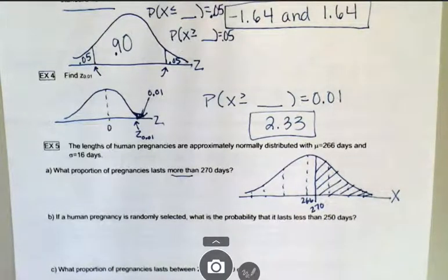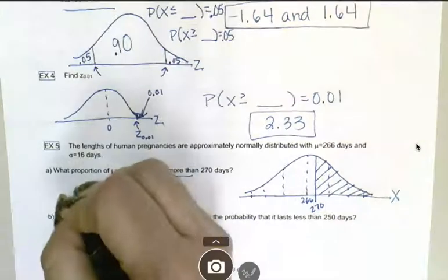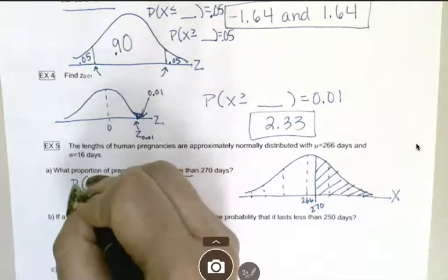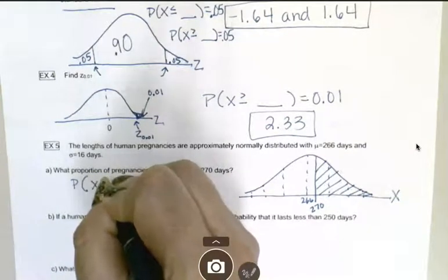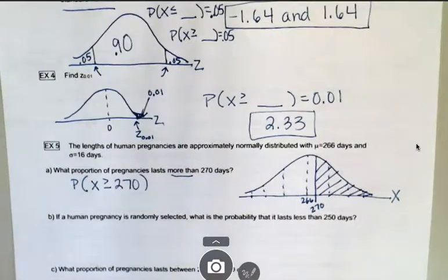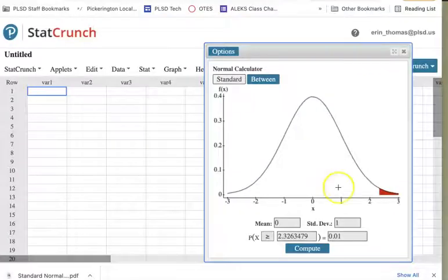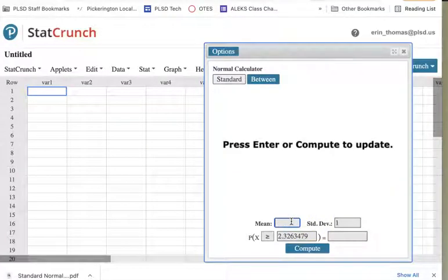Again, there are only a select few that I'm going to require that you use the table, so we can use StatCrunch here, and what I'm going to type into StatCrunch is the probability of x being greater than or equal to 270, obviously with this mean and standard deviation typed in. So I go to the mean, 266, to the standard deviation, which is 16, and I want the probability of greater than or equal to 270.